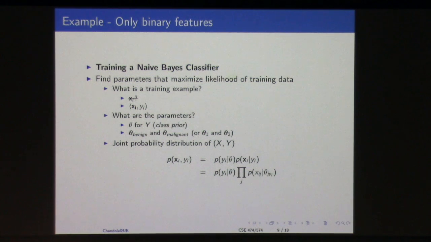So we want to find the parameters that maximize the likelihood of our training data. So the first thing is, what is our data, right? So here, our data is not just x's. Our data is x and y, right? So now we compute the distribution for x comma y. So we have x, which has d binary features, and we put a comma y, another binary feature, and we assume all of them are independent of each other, right?